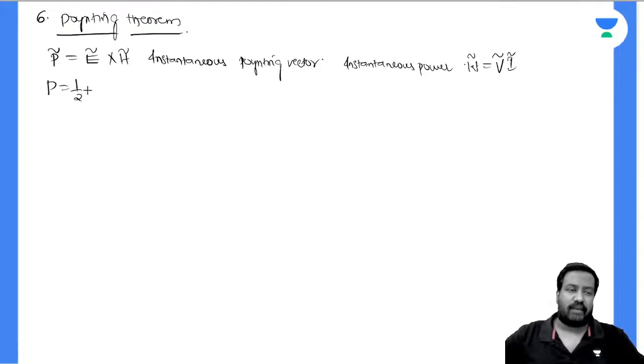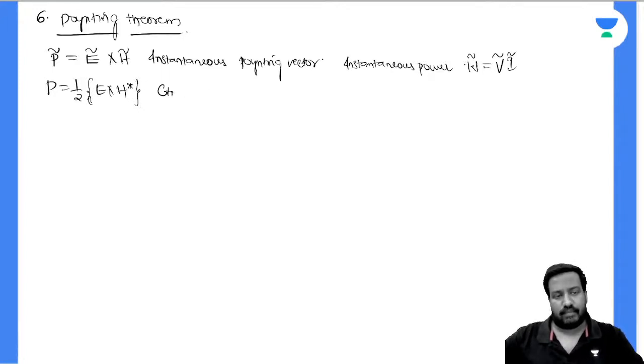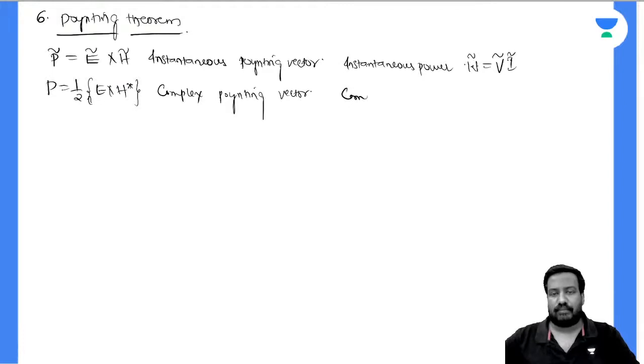Complex Poynting vector is 1 by 2 E cross H conjugate. Analogy: complex power is 1 by 2 V into I conjugate.